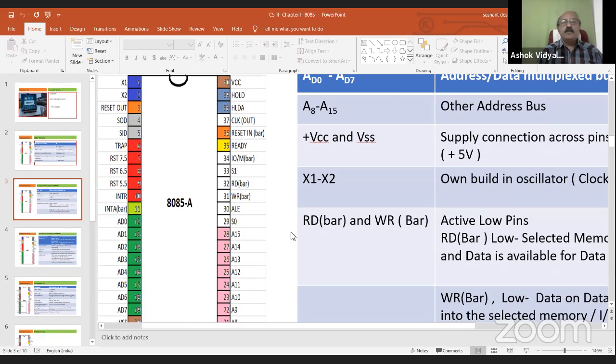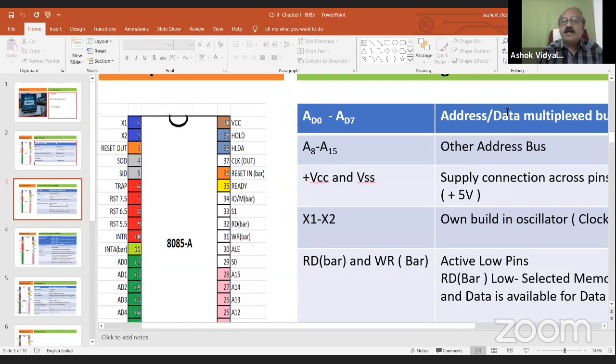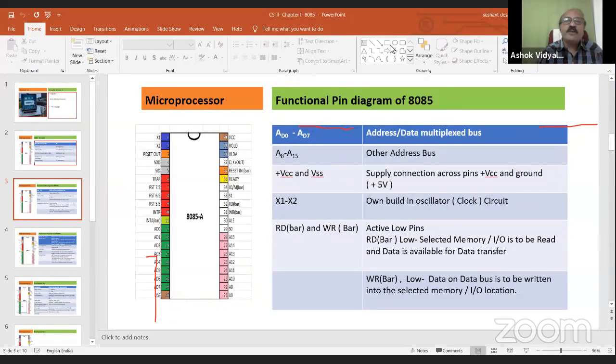Okay, so let's see, the first one is the address bus. As you see here, the name is given as AD0 to AD7. These green AD0 to AD7 are used as a multiplexed bus. What do we mean by multiplexed bus? It means that the same pins can be used for two different options or two different functions.